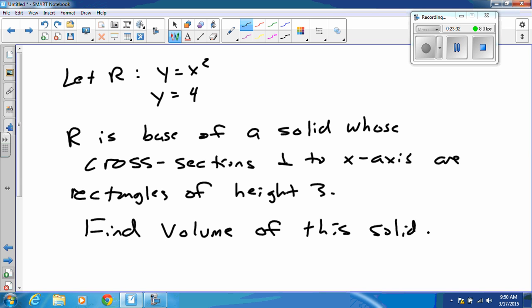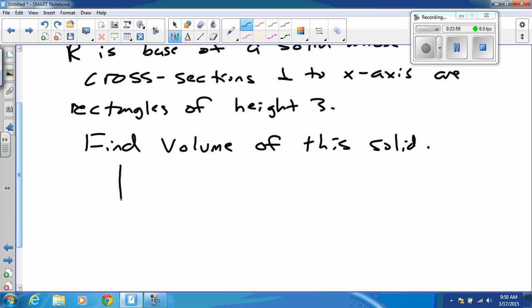Okay. Notice that we have the same region, but now instead of having cross sections that are squares, we now have cross sections that are of a constant height. Basically, what we did was just take our whole region and extrude it by 3. And so what we want is the volume now. All right?